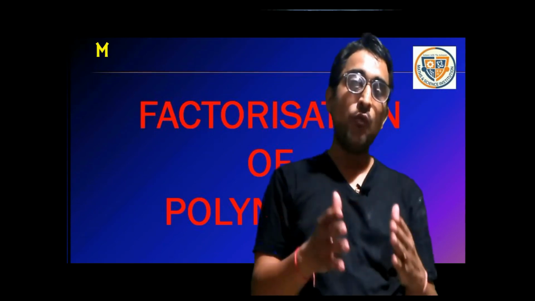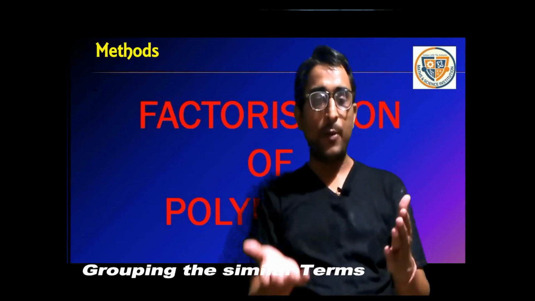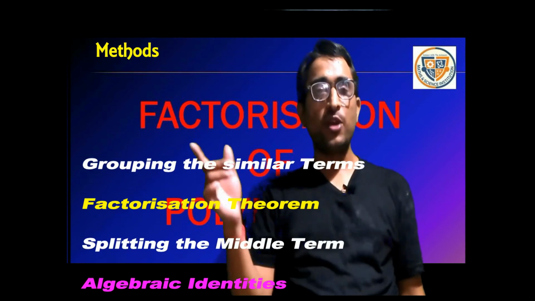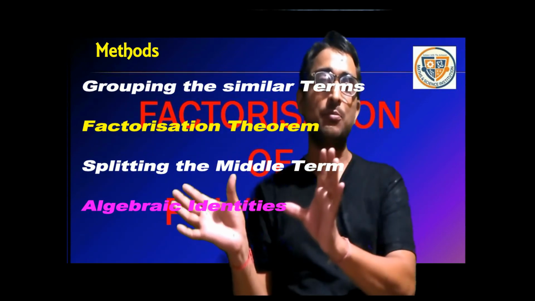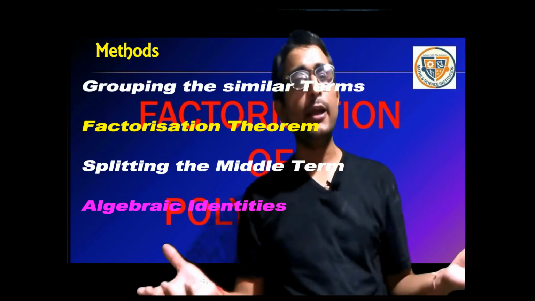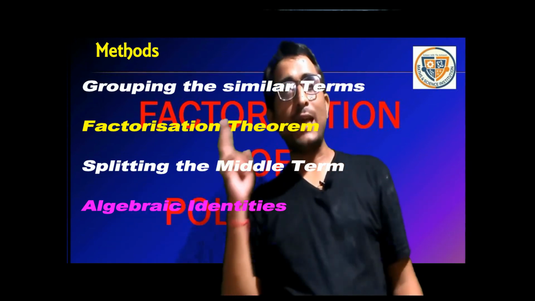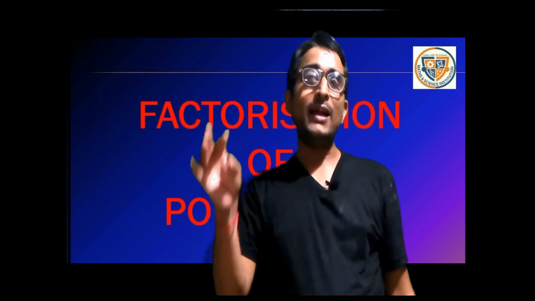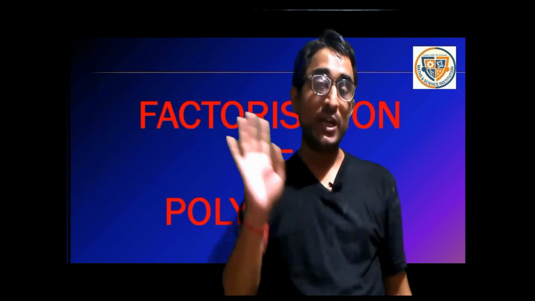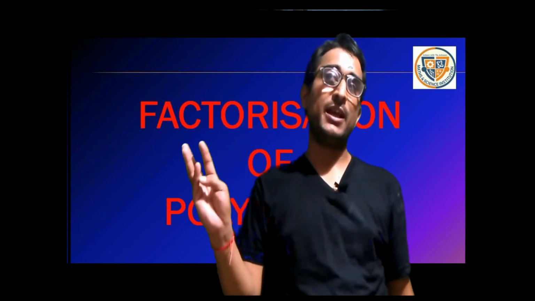Now, what are the ways to factorize a polynomial? The first way is grouping the similar terms, which you have already learned in your previous classes. The second method is the factor theorem, the third is splitting the middle term, and the fourth one is algebraic identities.